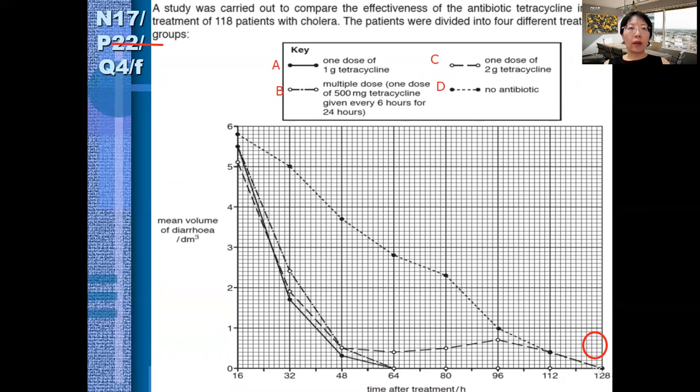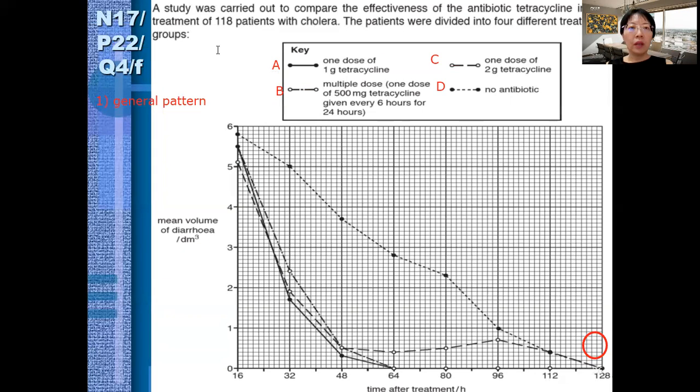So for this kind of question, when you're asked to describe the pattern of the curve in the graph, the very first thing you want to talk about, number 1, is the general pattern of the curve. Okay, so what do you mean by general pattern of the curve?